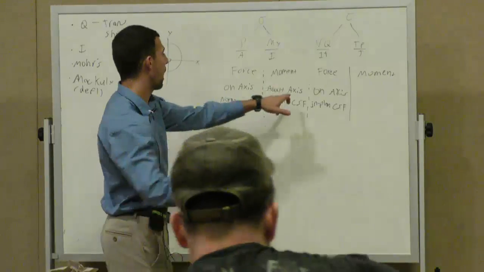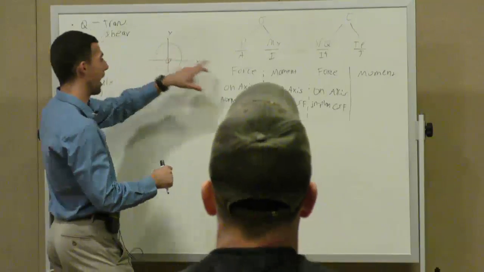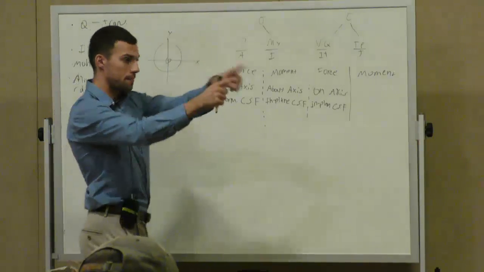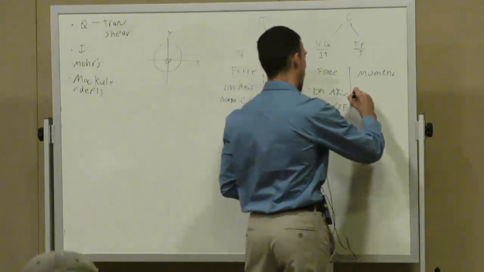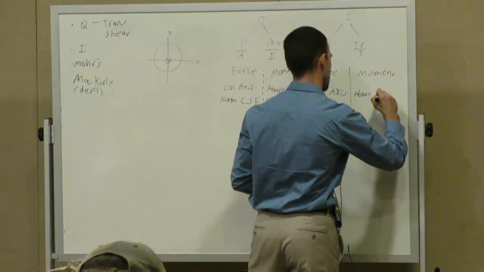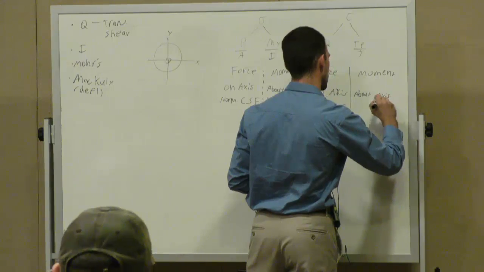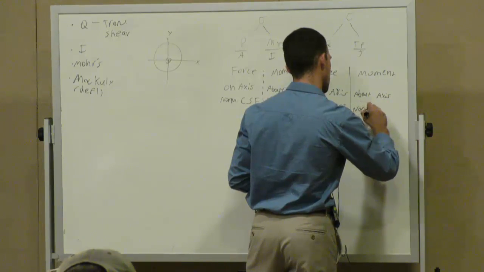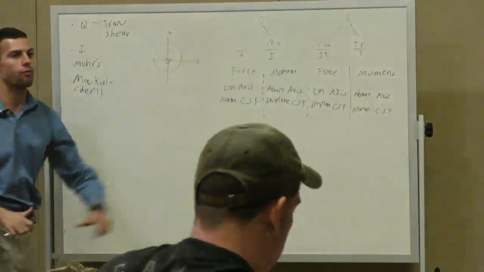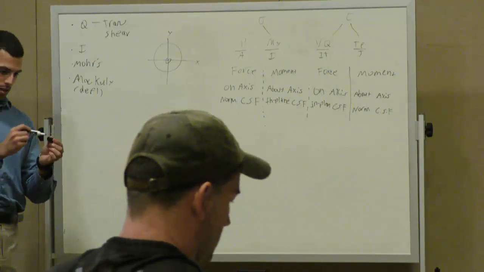So X or Y we established as this one, right? So X or Y is a bending moment. Exactly. This is about the axis, which is normal to the cross-sectional face. These are your four loading conditions, right?